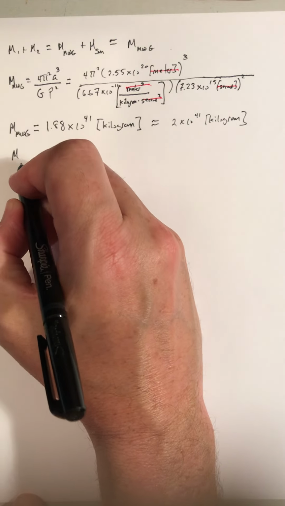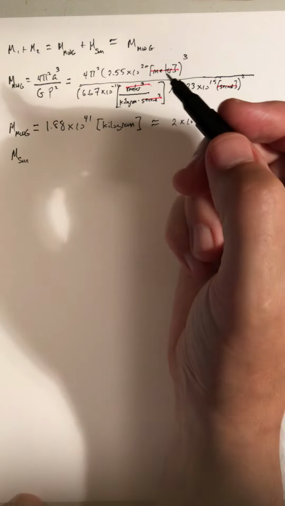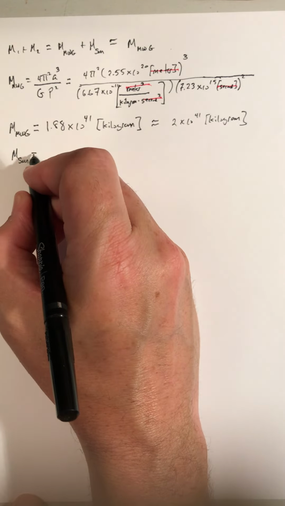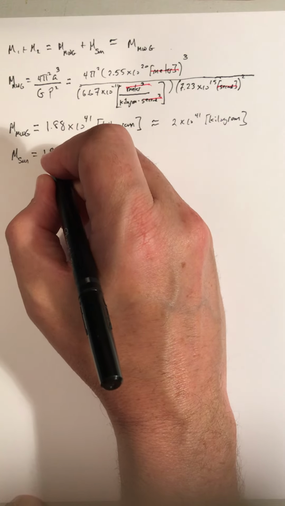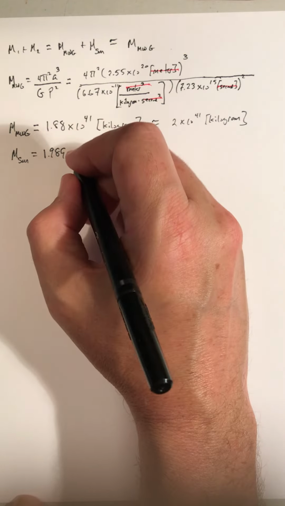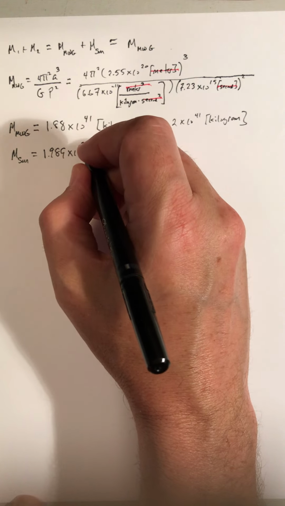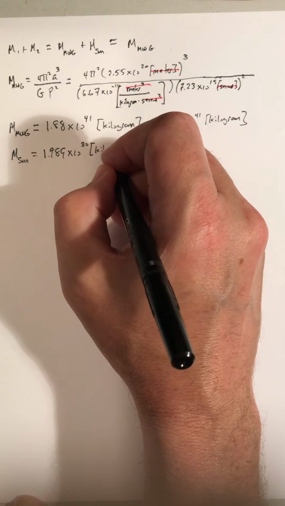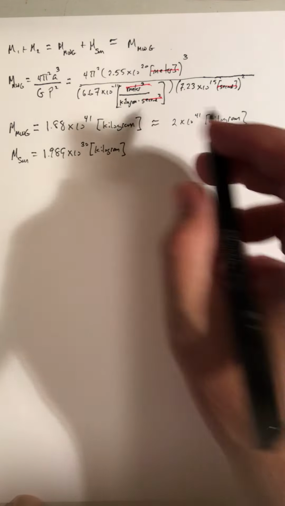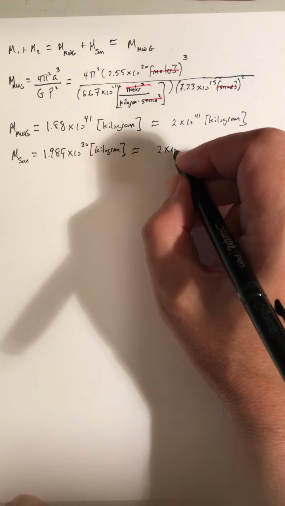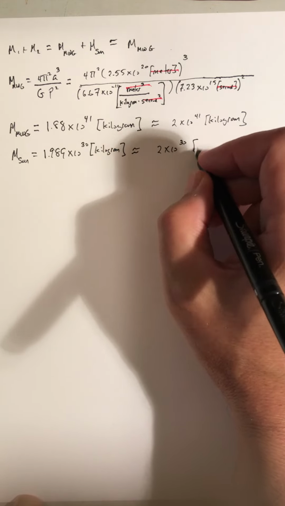To try to interpret it and make some sense out of it, let's look at what the mass of the sun is, which also comes from Newton's form of Kepler's third law. 1.989 times 10 to the 30th kilogram. And that is approximately 2 times 10 to the 30th kilogram.